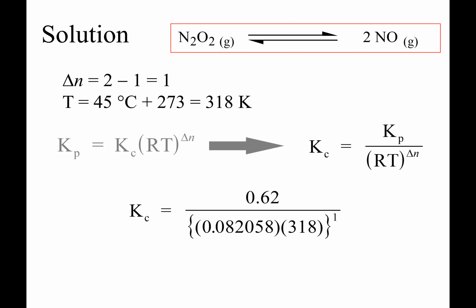So again, KP and KC values are unitless. Since I know KC is going to be unitless, notice I kind of wimped out. I'm putting my units here for my R and my T. So it'd be 0.62 divided by, in the denominator, 0.082058, and also in the denominator the temperature, 318.